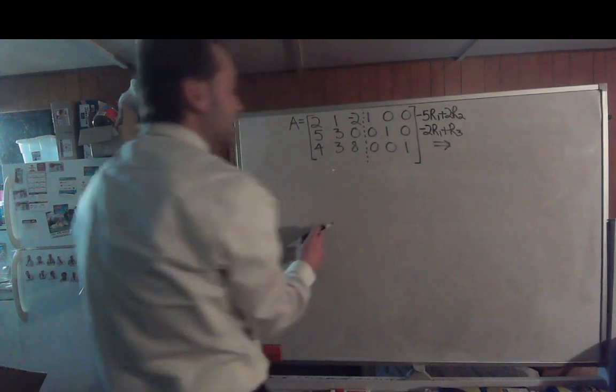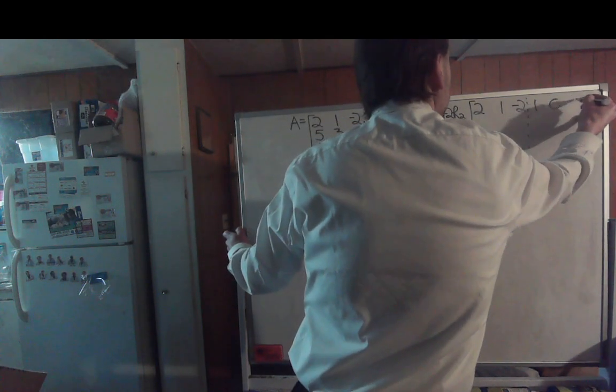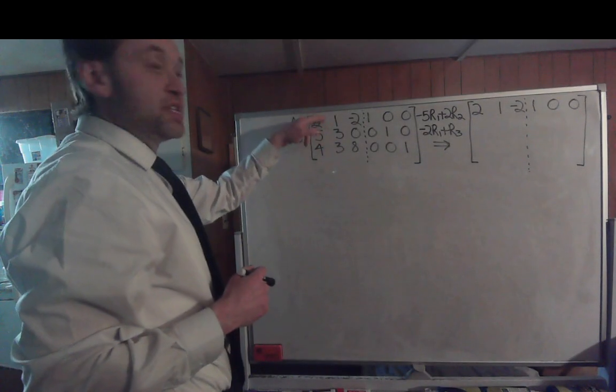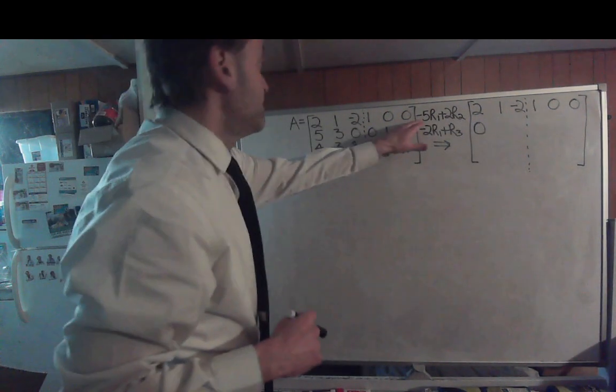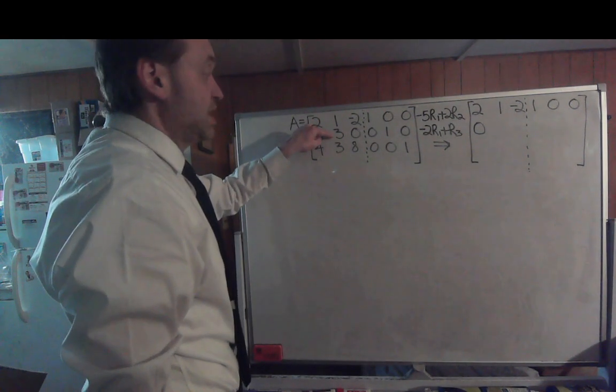So let's go ahead and set this up. Row 1 we're still leaving alone for now, the 2, 1, and negative 2, then 1, 0, 0. Now, negative 5 times 2 is negative 10, plus 2 times 5 is positive 10. That'll give you a 0. Negative 5 times 1 is negative 5, plus 2 times 3 is 6.